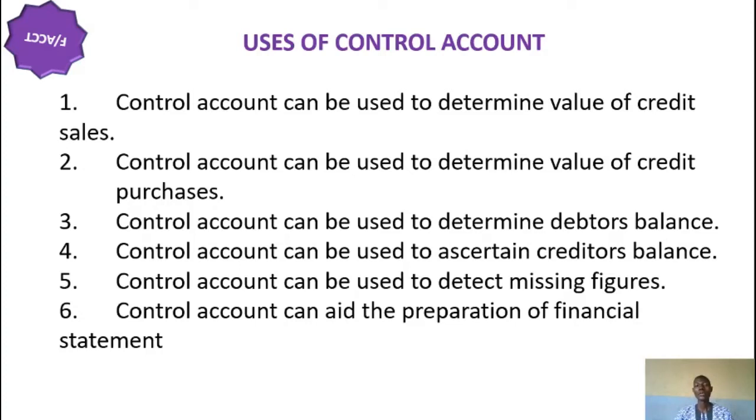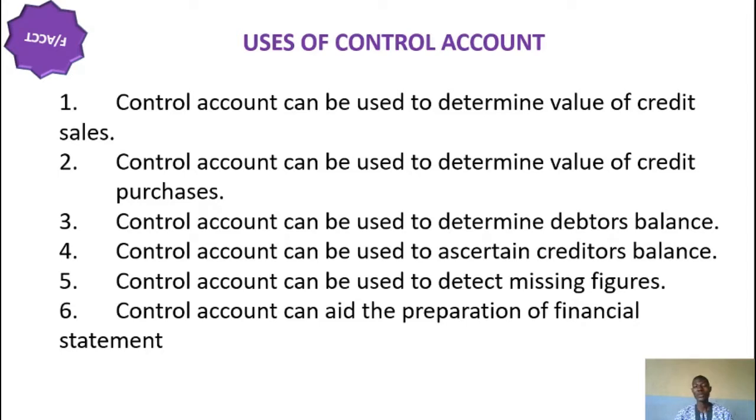Control account can also be used to determine value of credit purchases because most organizations buy, they also sell. They get products from their suppliers, then they sell to their customers. And we have varieties of products or items that we can make do with.